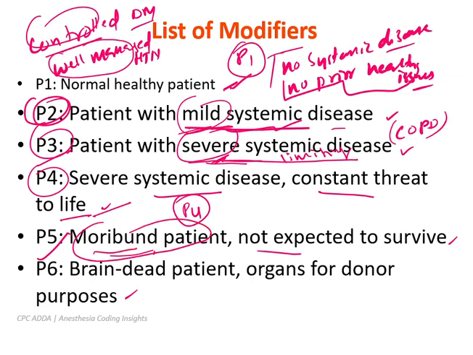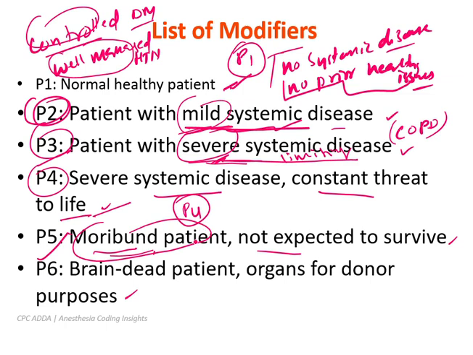It is a condition where, if you do the operation, there is a possibility of survival. If you do not do anything, if you leave it as it is, the patient will definitely expire. For patients in critical condition where surgery is the only option to prolong their life, that is called a moribund patient.